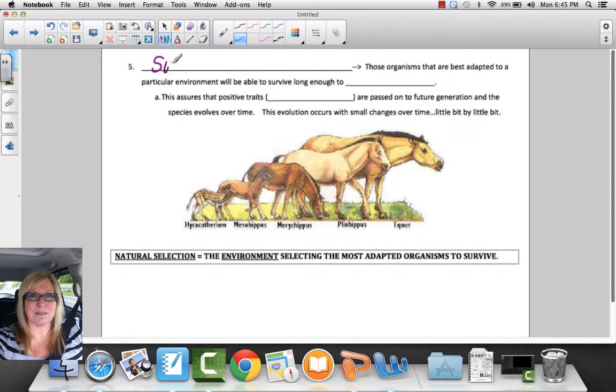Which brings us to survival of the fittest. Those organisms that are best adapted to a particular environment will be able to survive long enough to reproduce. This assures that positive traits, meaning adaptations, are passed to future generations, and the species evolves over time.